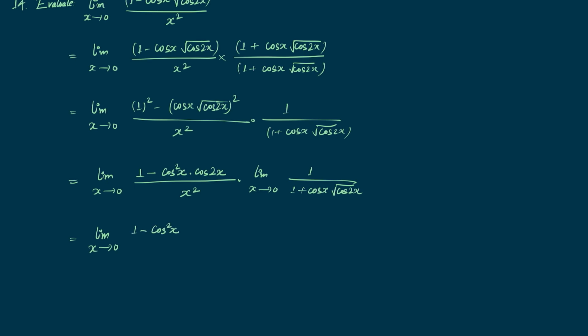Now in place of this cos 2x, let me write one formula from multiple angles. See, multiple angles are very important. You have to remember that formula very nicely. There is a formula: cos 2 theta equals 1 minus 2 sine square theta.